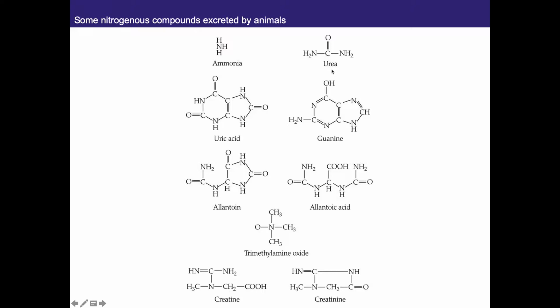Just know that urea is an important osmolyte in the kidney. Uric acid: a lot of uric acid is produced and excreted, especially by birds. Uric acid is eliminated in the white pasty material from birds. Uric acid is actually a breakdown product of purines like guanine.